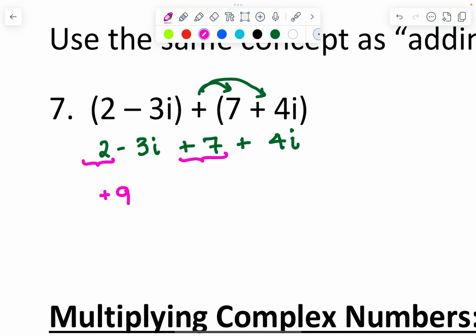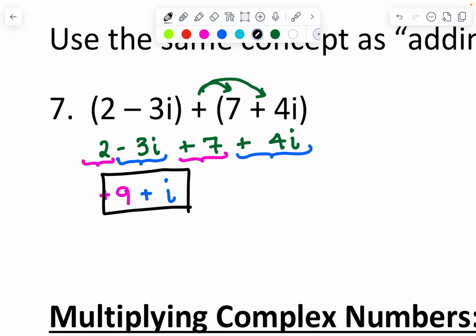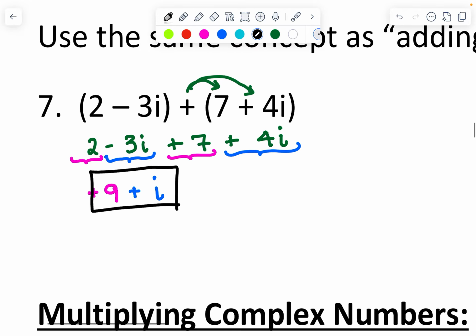And then you have a negative 3i plus 4i. Always take the sign in front. That's plus 1i, or just i. So 9 plus i is your solution. Combine like terms and notice how this is in a plus bi format, where 1 is your b, 9 is your a.